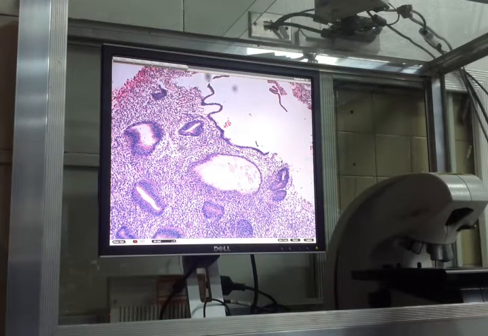Mukha siyang may butas na malalaki. Okay? Pagka nakita niyo yung Swiss cheese appearance, it's showing you hyperplasia. Simple hyperplasia of the endometrium. Look at the stroma, it's highly cellular. It means that the stromal cells are also proliferating via hyperplasia.